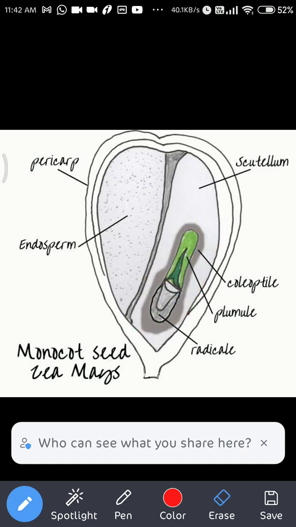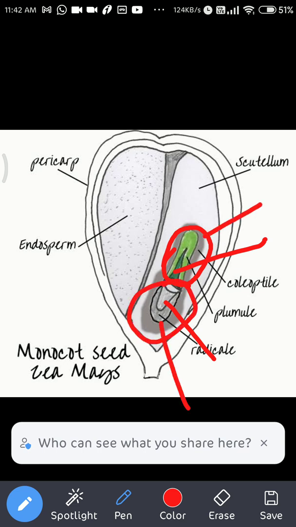Fine. So this plumule changes at the time of germination. It will change into the shoot, and this will change into the root.